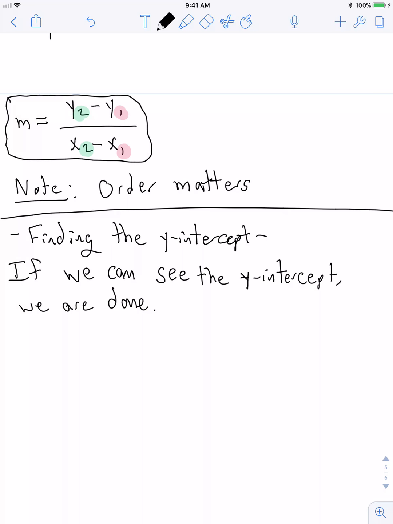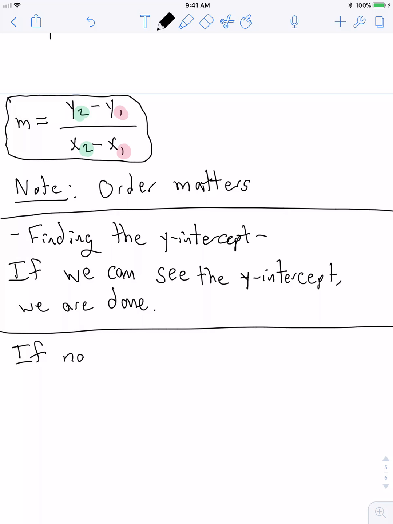But if we're given an incomplete graph, or maybe we're just given 2 points, and we want to make a graph or an equation between them, we have to do a little bit more work to get the right y-intercept. So now, let's assume this isn't the case.